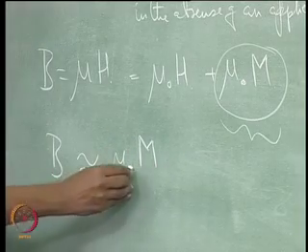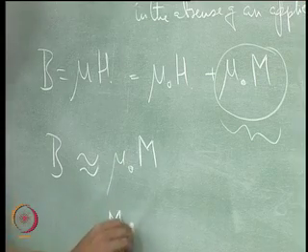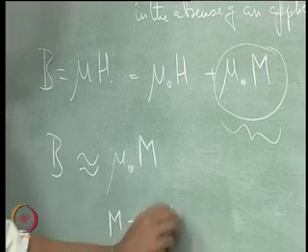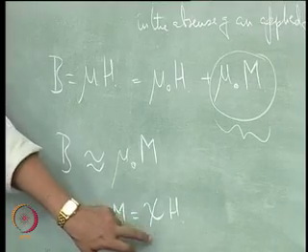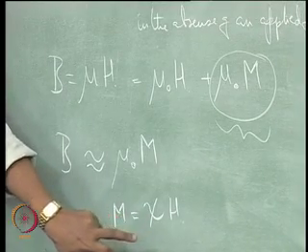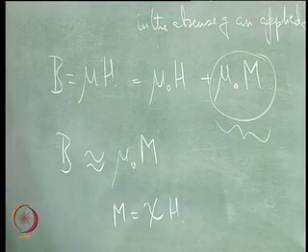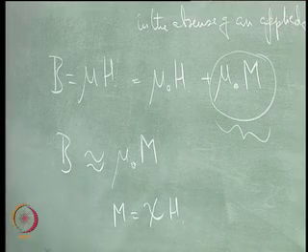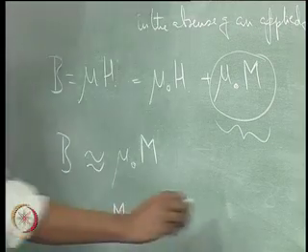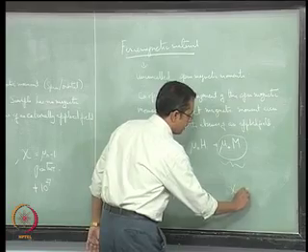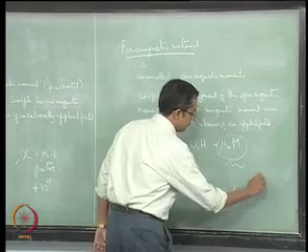And what is m? M is itself chi times h. So it simply means that we have a very large value of chi. The magnetic susceptibility of a ferromagnetic material is a very large positive number, of the order of 10 power plus 6.